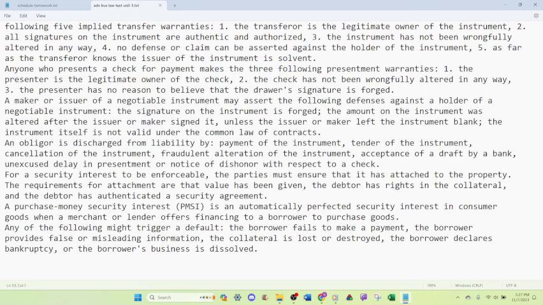A purchase money security interest is an automatically perfected security interest in consumer goods.